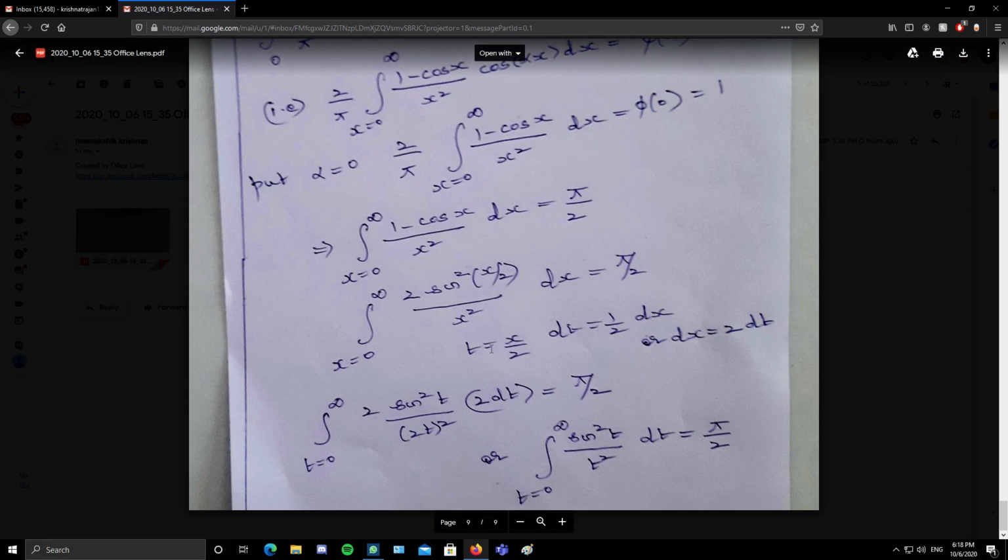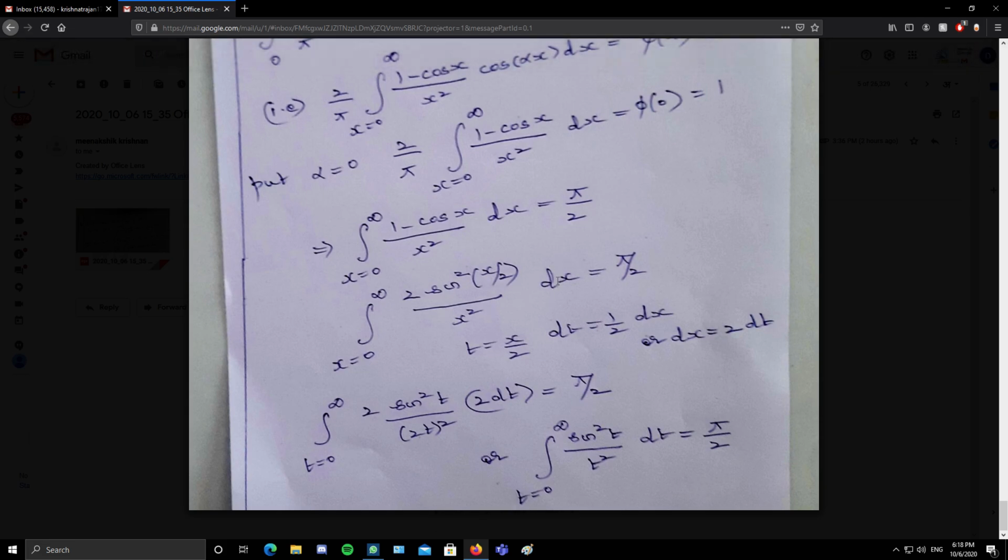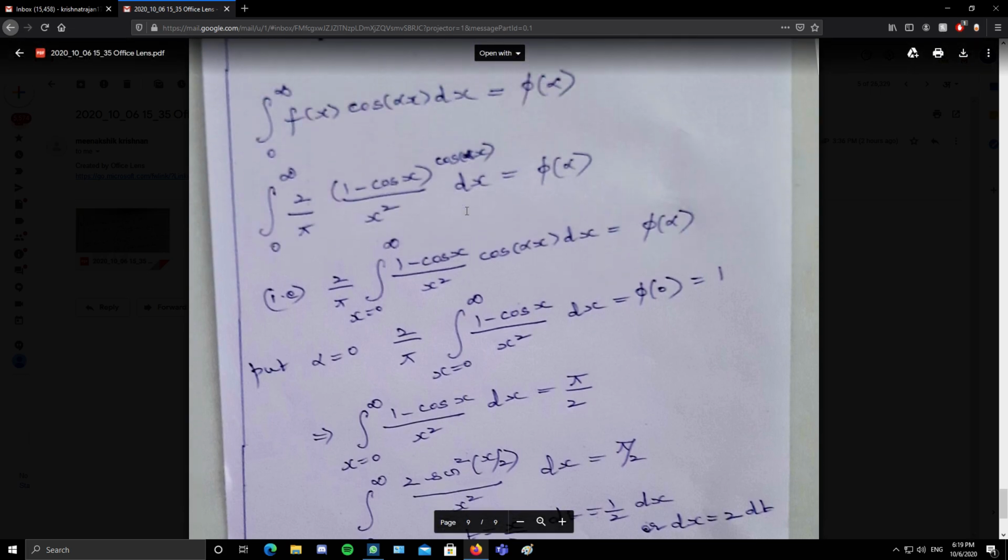The denominator x square is 2t the whole square, and t also varies from 0 to infinity. In both numerator and denominator you have 4. So this simplifies to the integral t equals 0 to infinity of sin square t by t square dt equals pi by 2. So this completes the problems for this class.